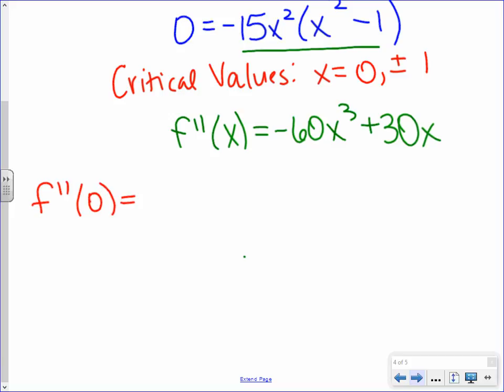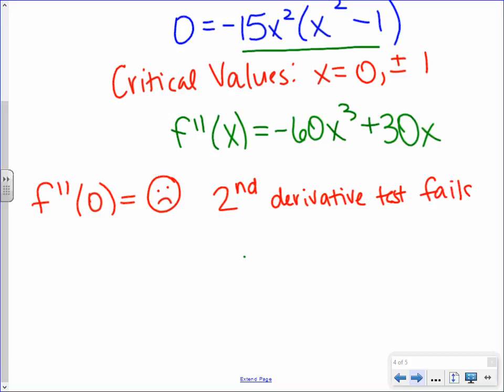If we plug 0 into our second derivative, what happens? Why did I put a frowny face? If our second derivative is 0, that means the second derivative test fails, and we have to fall back on the first derivative test.